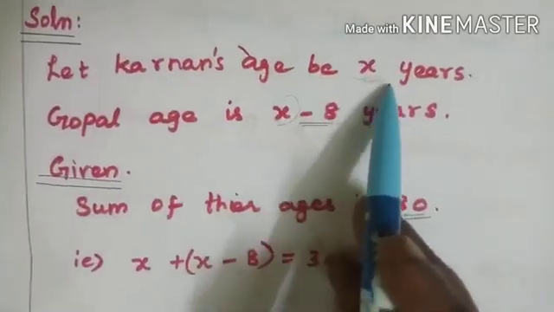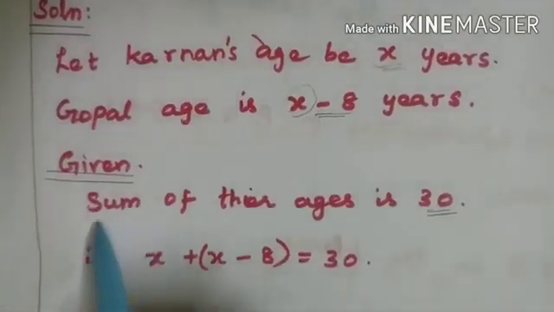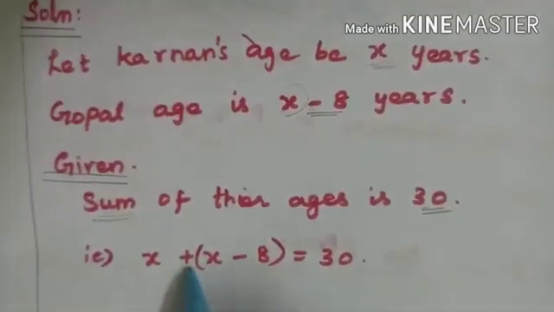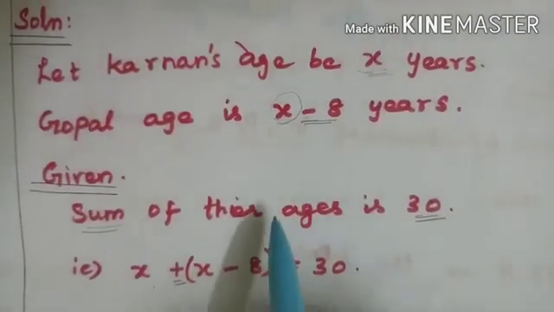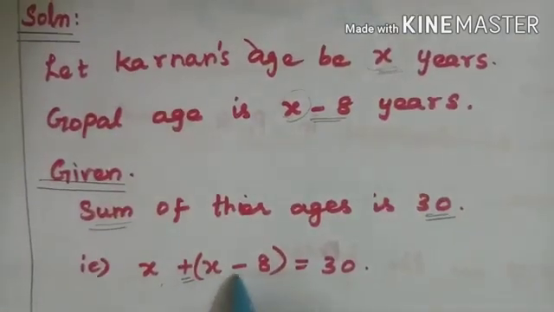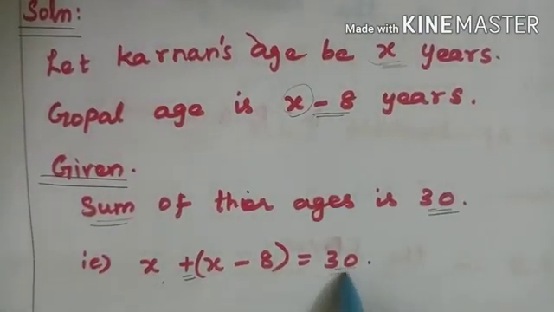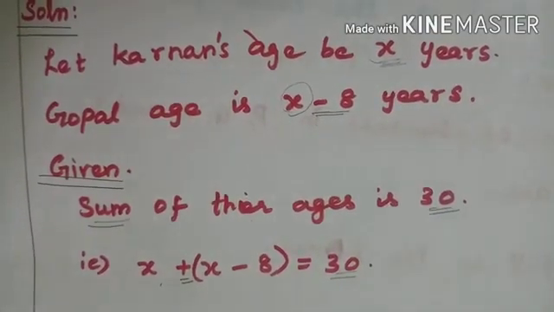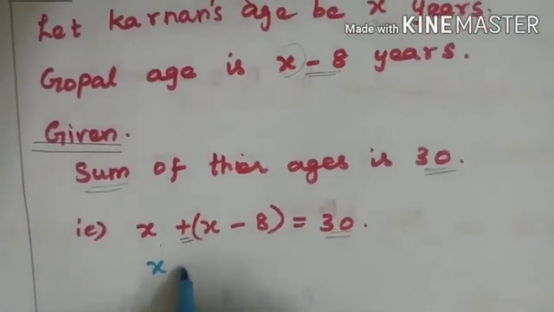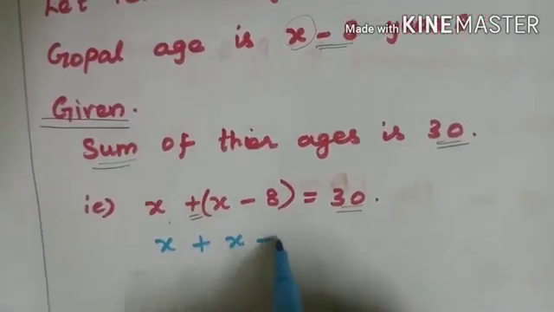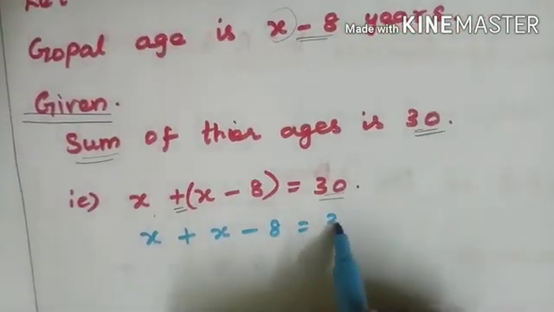So Karnan's age is x, isn't it? So sum means we are putting plus symbol, and Gopal age is x minus 8. So when we are adding these two, we are getting 30. Now you see here, x plus x minus 8 equal to 30.